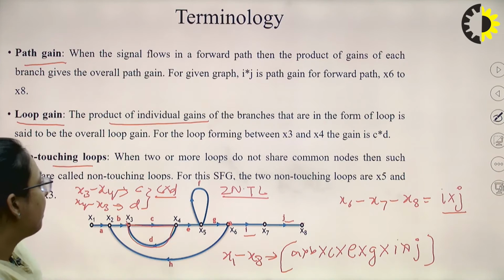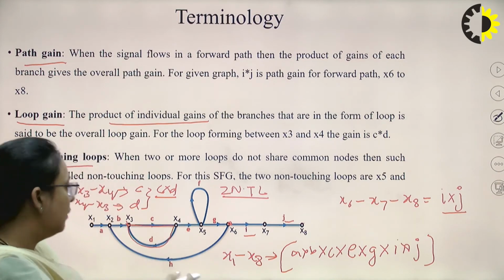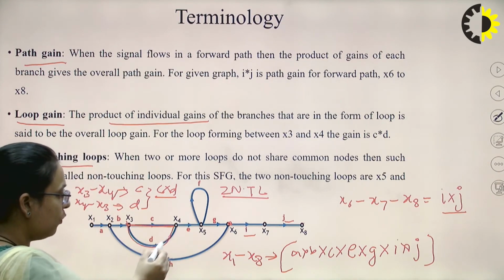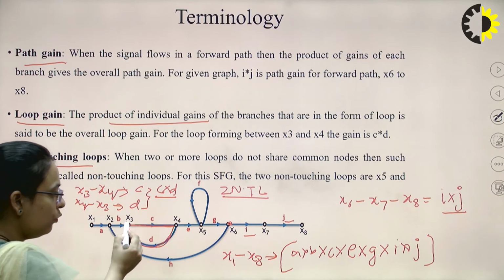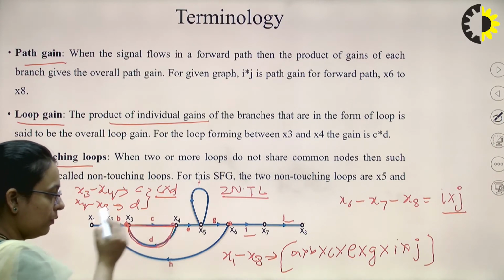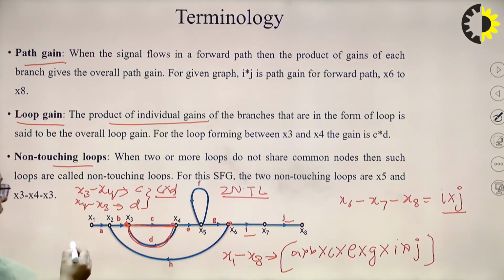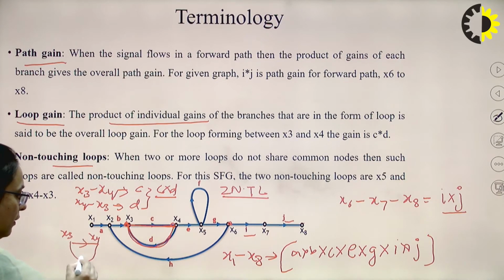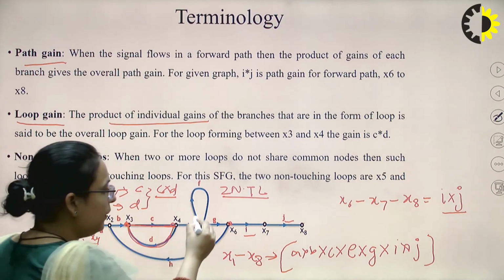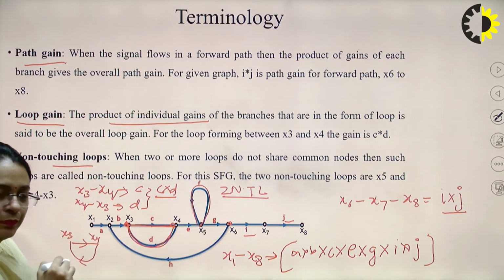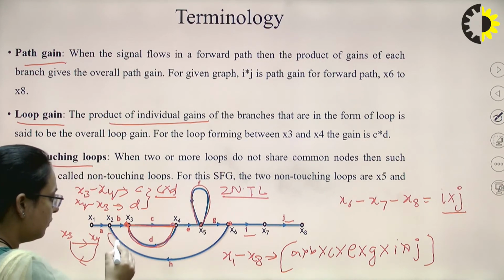See, here in this figure, this X3 to X4 till X3, the two nodes are involved, X3 and X4, right? This is one of the loops from X3 to X4, right? And another loop could be X5 only. It is at node 5, right?